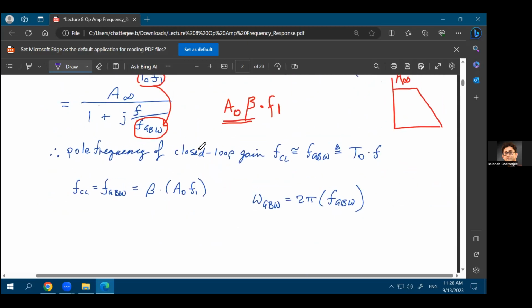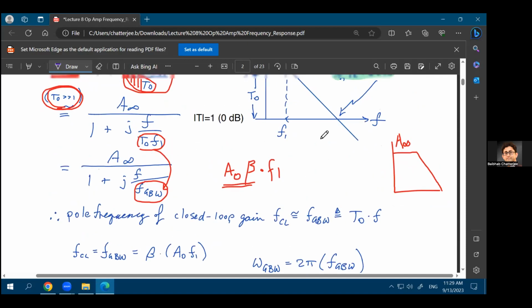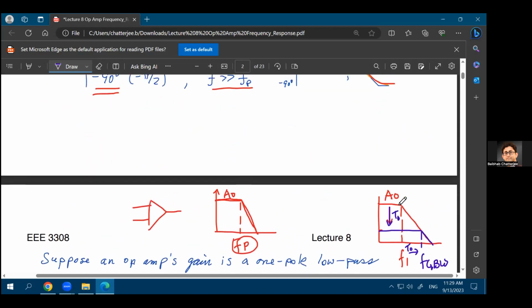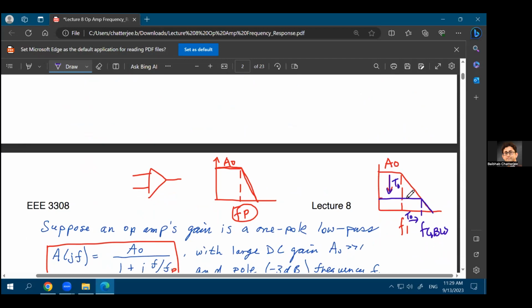Okay, just go over these equations. It might again sound confusing at first, but this is the gist of it. This is your open loop. What I have drawn in red is open loop. What I'm drawing in blue is closed loop. So in open loop, you had a DC gain of A naught and a pole frequency of F1.